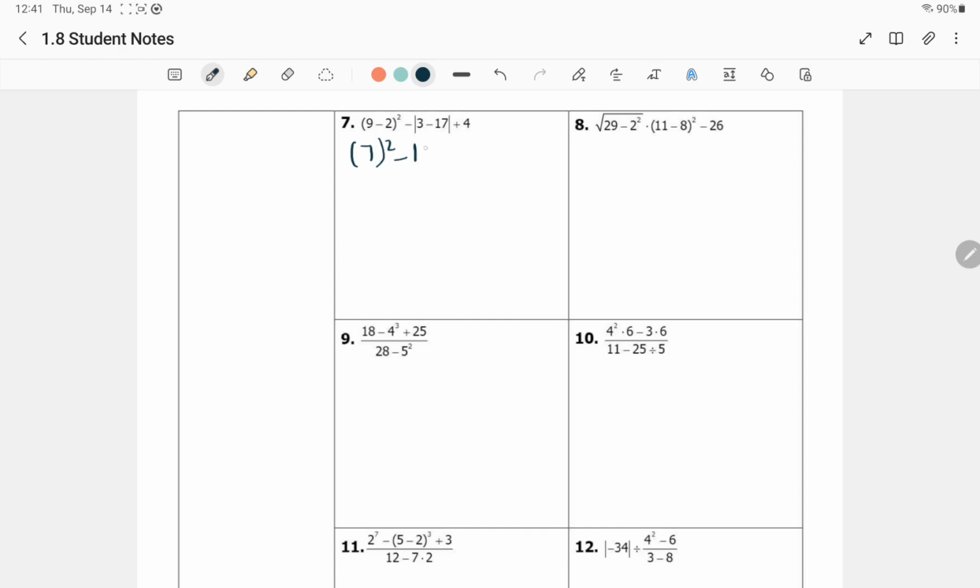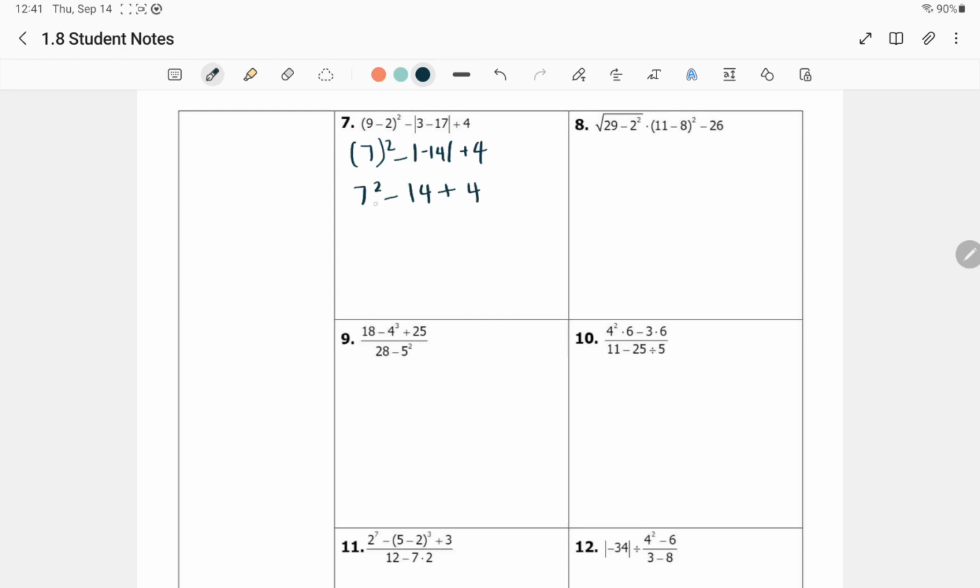It would be the absolute value of negative 14 plus 4. And then we need to take these absolute value brackets because it's negative because the negative sign is in front of the 17 and it's the larger number. So we got 7 squared minus, it would be just 14 after the absolute values are removed.